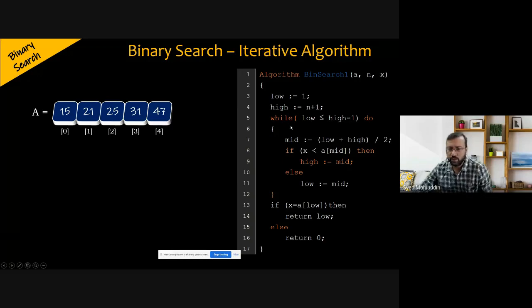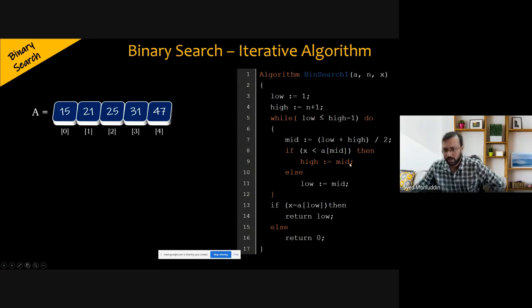Anyway, this is the other iterative algorithm. Within the while loop, low is less than or equal to high minus one. Now here, remember that these two if statements, that is, if x is less than a of mid and x is greater than or equal to a of mid, are checked over here. Here, high, that is R, and low, that is L. We are not using mid minus one and mid plus one because high itself we have taken to be n plus one, just one more than the number of elements.